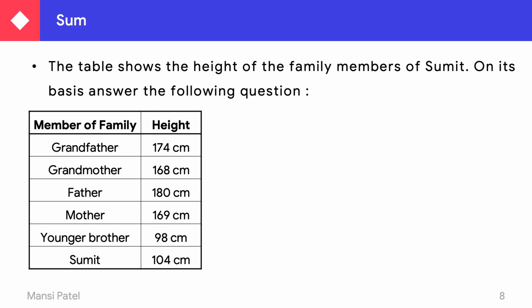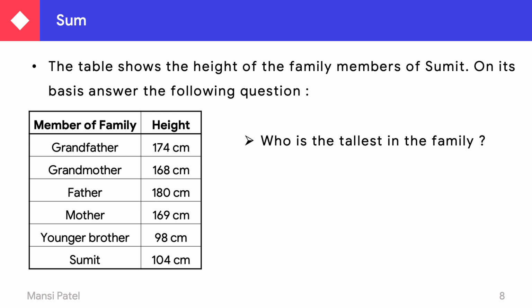The height of his mother is 169 centimeter, and the height of his younger brother is 98 centimeter, and Sumit's height is 104 centimeter. So first question, who is the tallest in the family?